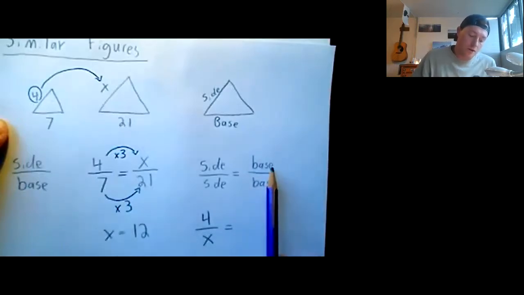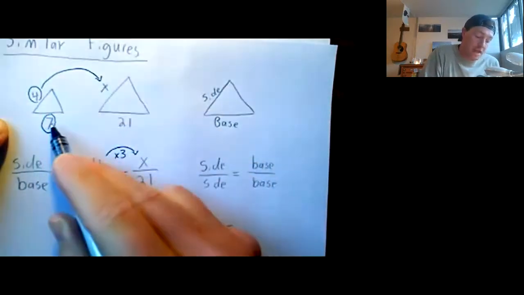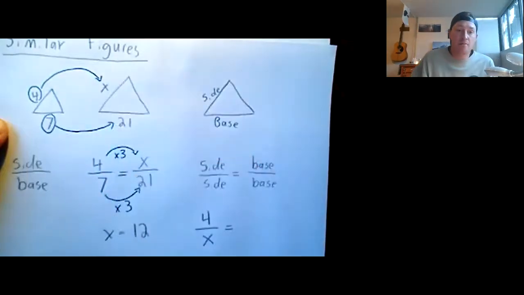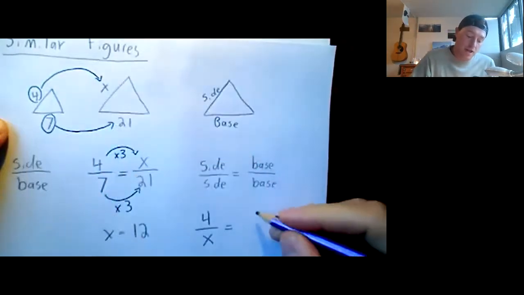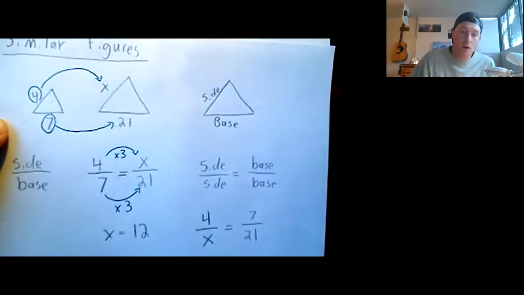Now, we're going to do the same thing over here, base to base, but it's really important that we keep that order the same. We're going to start with the small triangle, the base over here, and we're going to compare it to the base of our bigger triangle. So that's going to be 7 to 21.